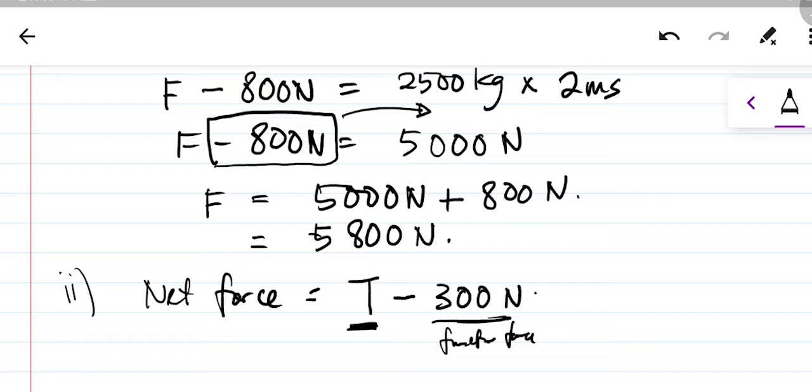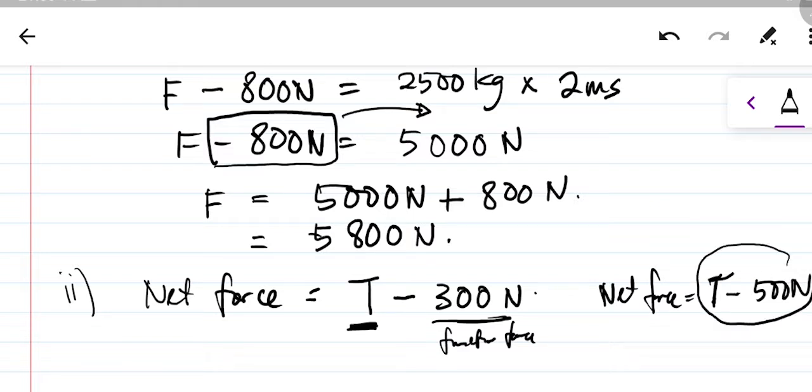If we consider the car side, then our net force will be 5,800 Newton minus the tension minus 500 Newton friction.